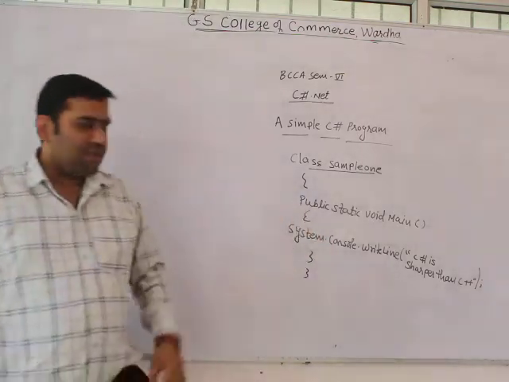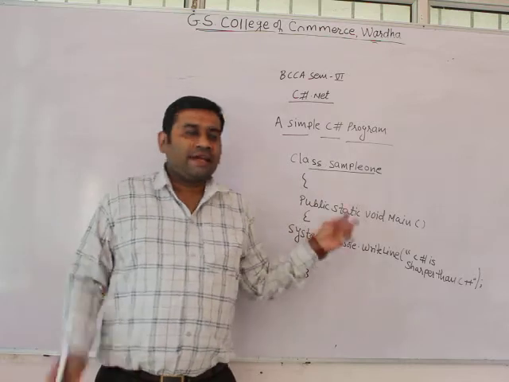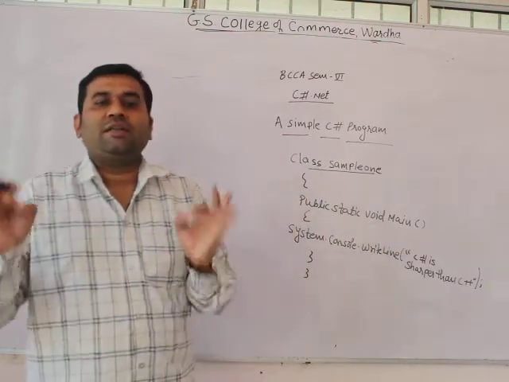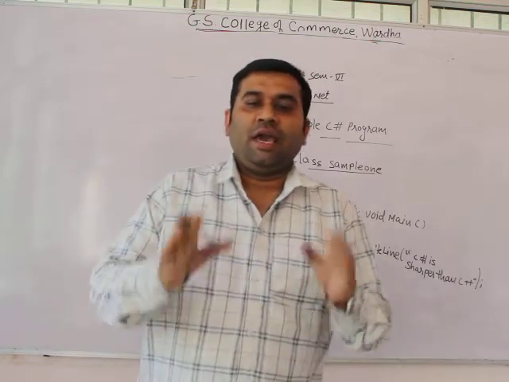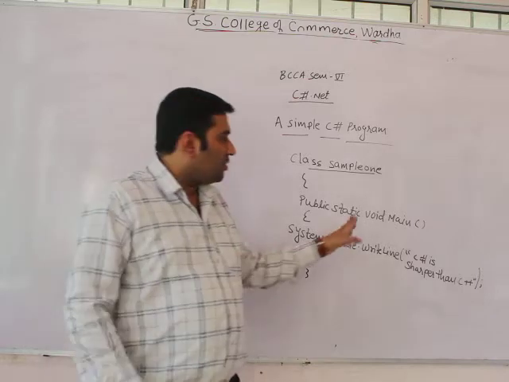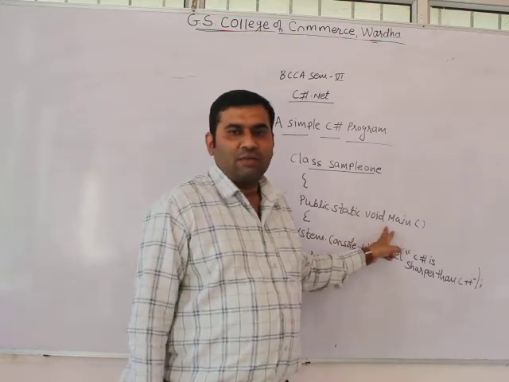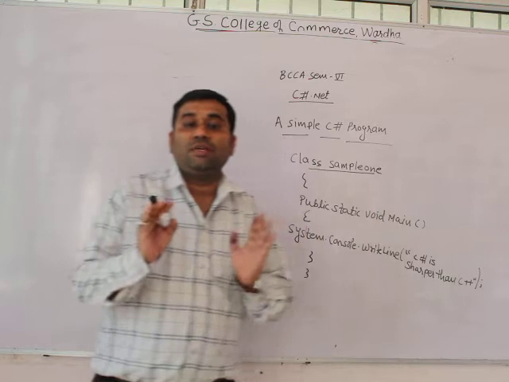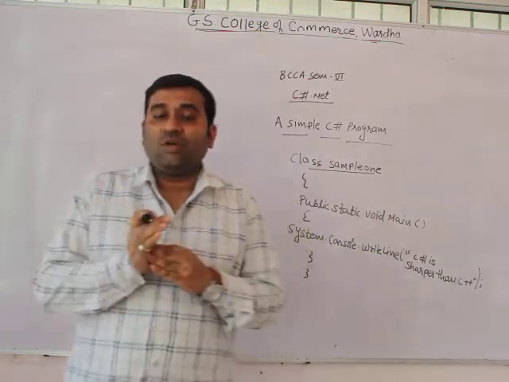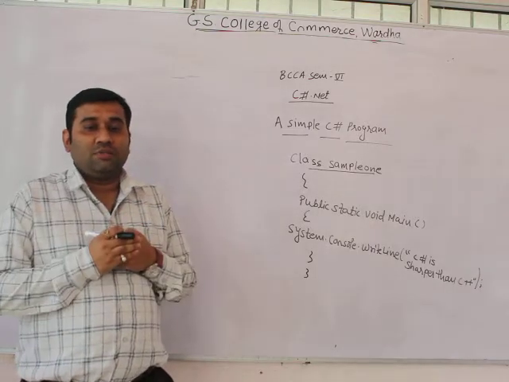Then the Main method. The third line is public static void Main, which defines the method name Main. Every C Sharp executable program must include the Main method in one of the classes. This is the starting point for executing the program.